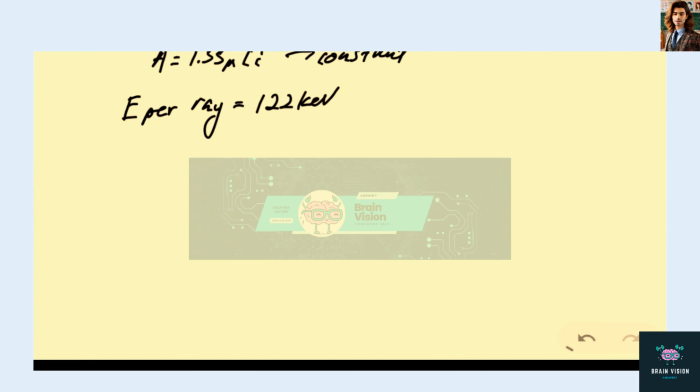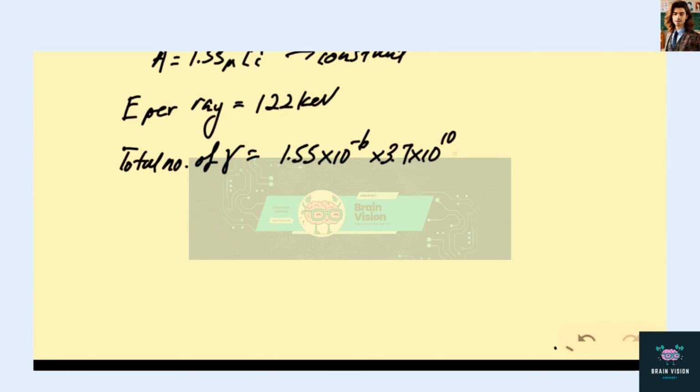First, we'll need to find what is the total number of gamma rays that a person will receive over the day, right? We take the activity, which is 1.55 times 10 to the power minus 6 curies. We convert that curies into decays per second.